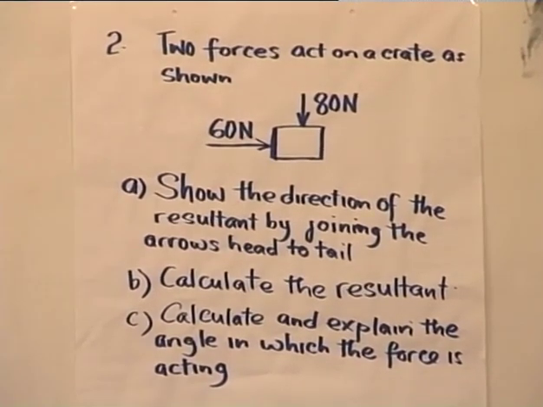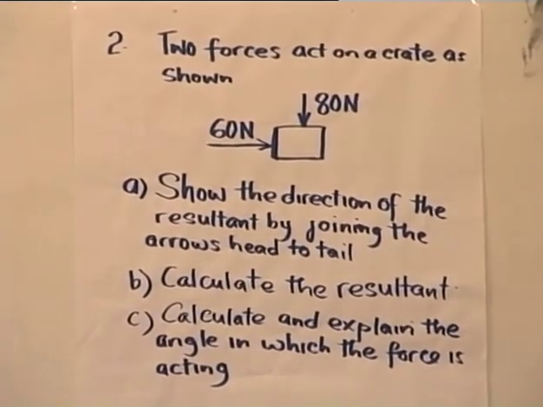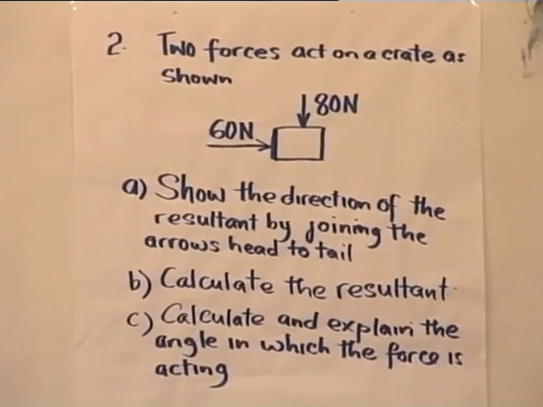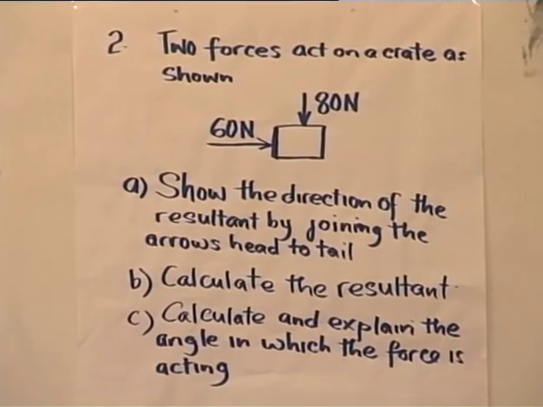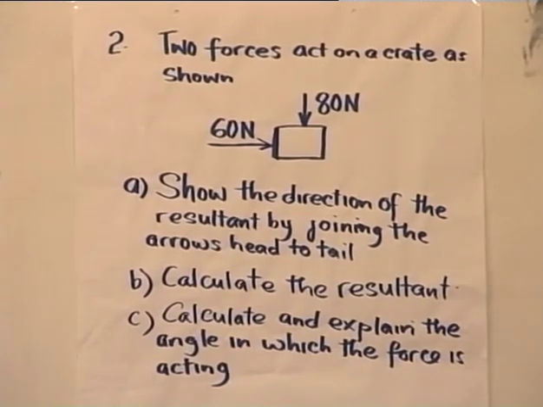No, just that straight line vector. A is showing that way, so you draw that direction. Okay, some of you are not aware of what you can do for the first one.